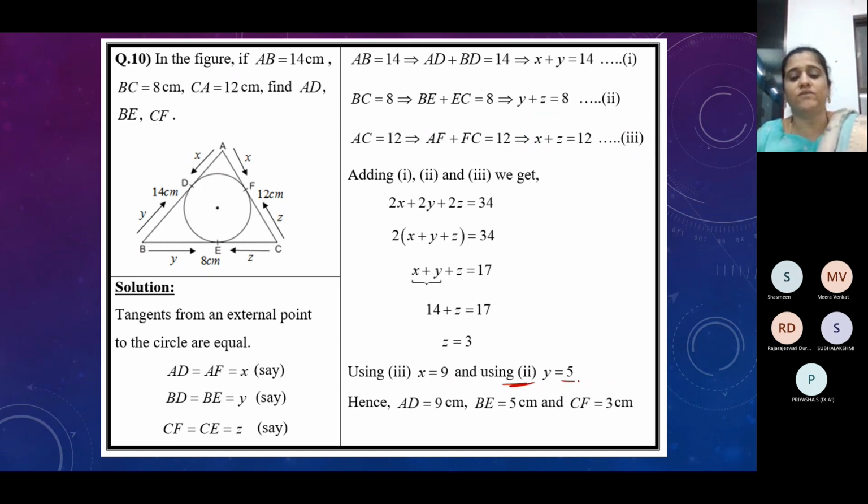And then using 2, you will get y is equal to 5. So the question is to find AD, BE and CF. AD is x, BE is y, and CF is z.